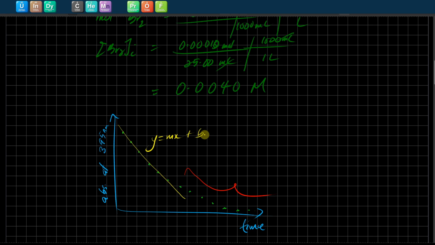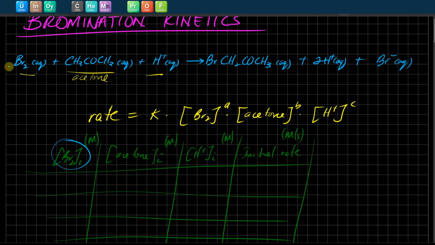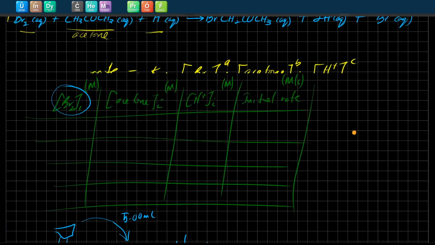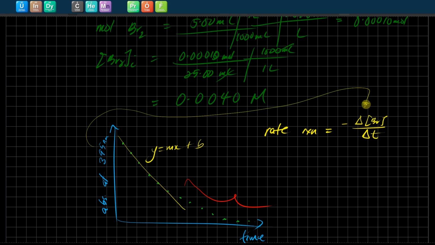If we think about our rate of reaction, bromine is a reactant with a stoichiometric coefficient of 1. So the rate of the reaction should be negative the rate of change of concentration of bromine over time. We're going to assume that the absorbance is directly related to the concentration.